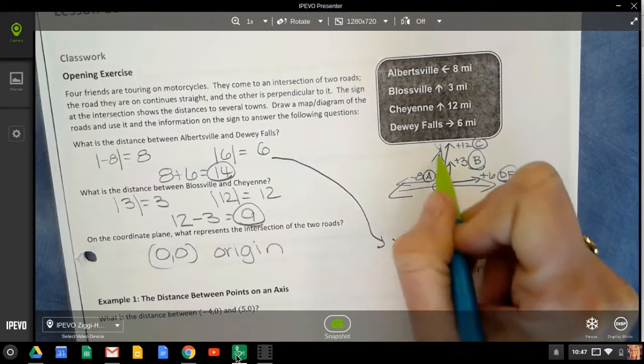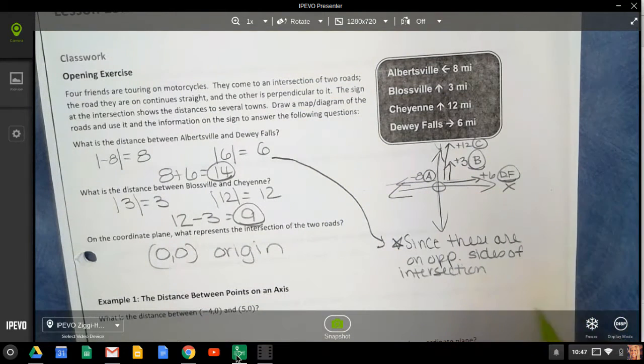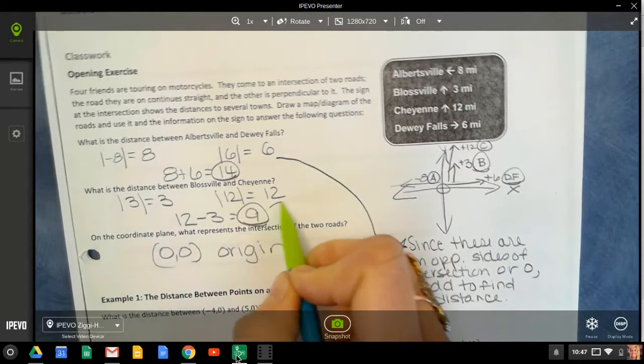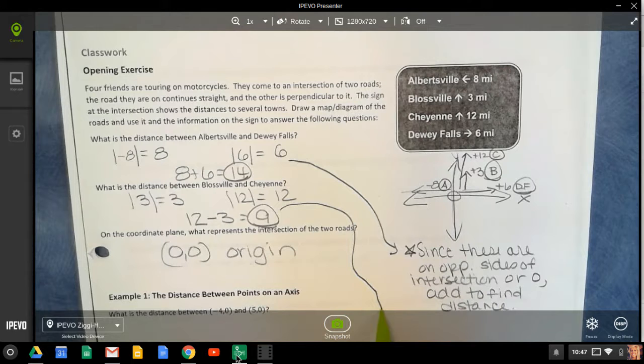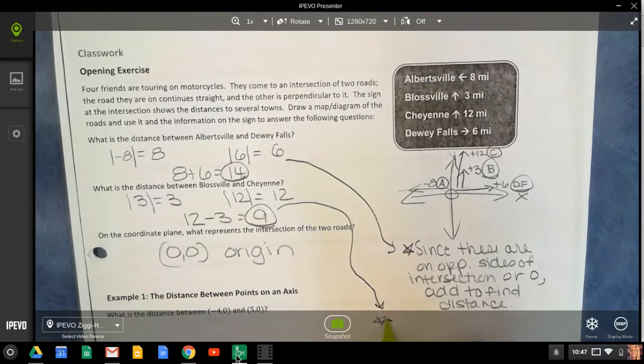What I mean by that is this right here, this is here and this is here. Or we can say 0. We add to find distance.